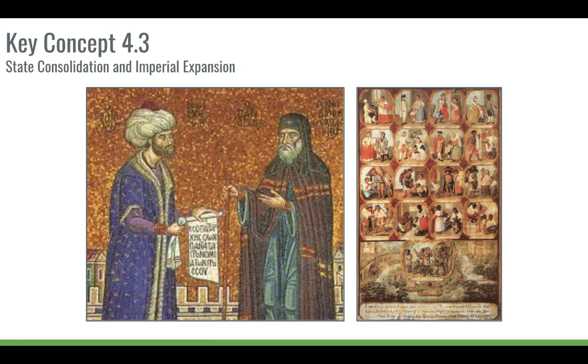Now, states oftentimes treated different ethnic and religious groups in ways that tried to use their economic contribution, but also limit their ability to challenge the authority of the state. Some really good examples of this are seen in the Ottoman Empire.